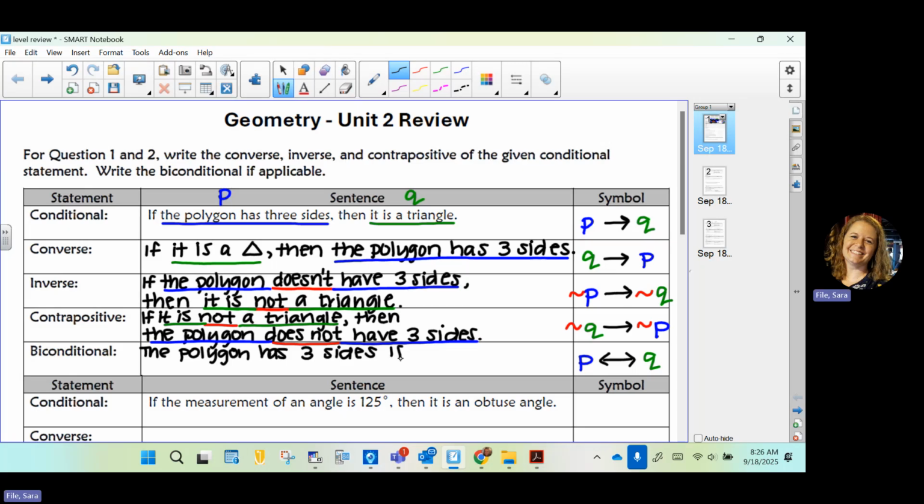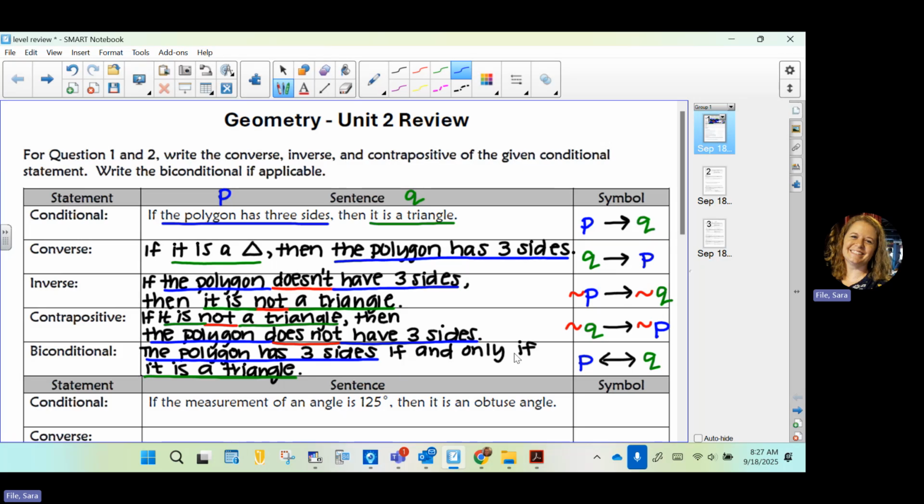And then we're going to have our phrase if and only if. And then we're going to have our Q. It is a triangle. So the order stayed the same. We kept P at the beginning and Q at the end, but instead of if then, we did if and only if in the middle.